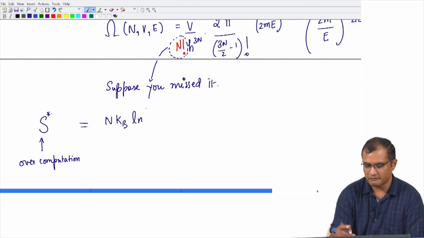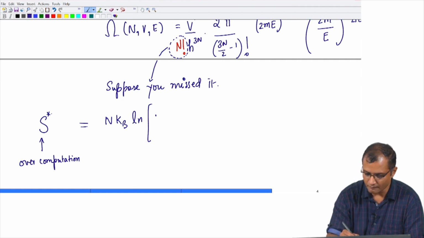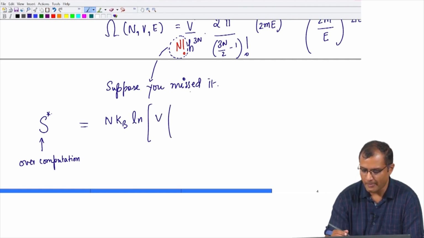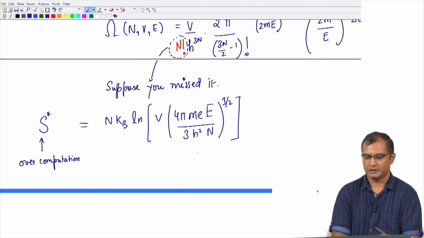You can do the calculation without the N factorial, just take a logarithm on both sides. You would get V into (4 pi m E over 3 h square N) to the power 3 half.